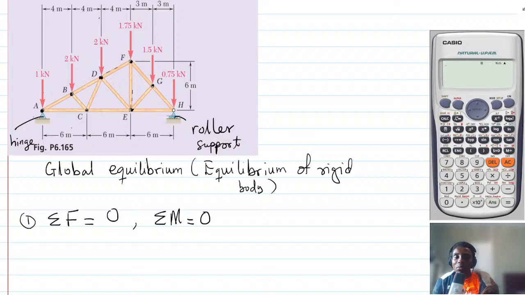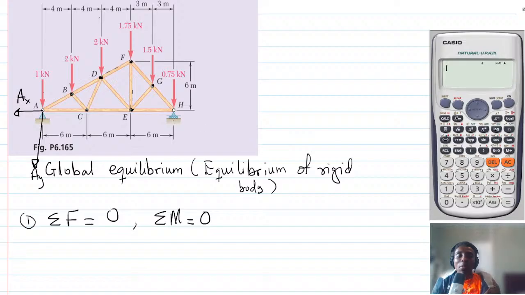This point here is like a hinge. For a hinge support you have two reactions: AX along the X, AY along the Y. But for a roller support, only one reaction.